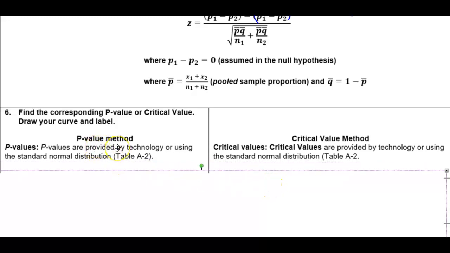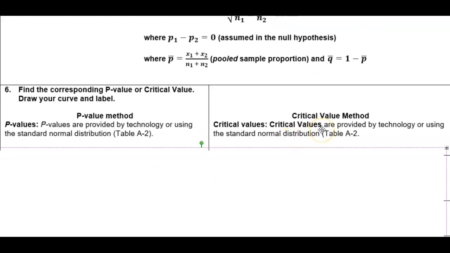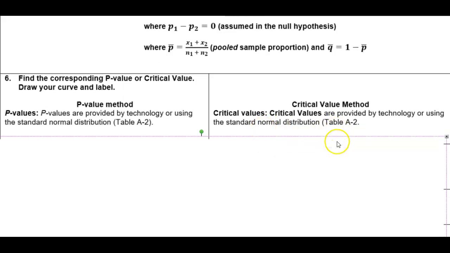When you're finding the p-value, or the p-value method, p-values are provided by technology or using the standard normal distribution. The reason it's a standard normal distribution is because our test statistic is in the form of z. And in the critical value method, critical values are provided by technology or using the standard normal distribution or table A2.